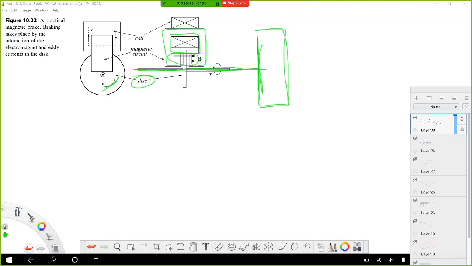You may read from the book by yourself the other applications of electromagnetic induction, such as the watt-hour meter and eddy current testing of materials.